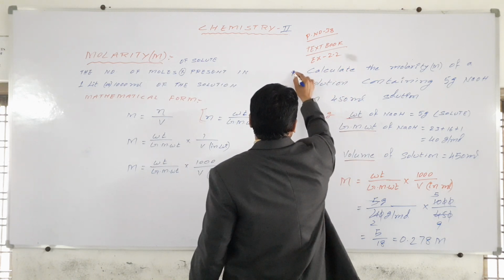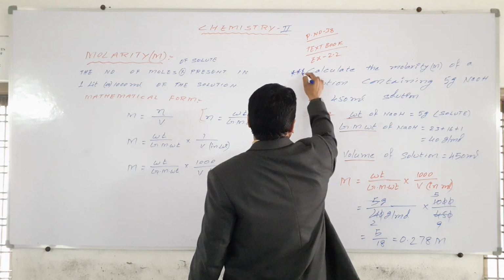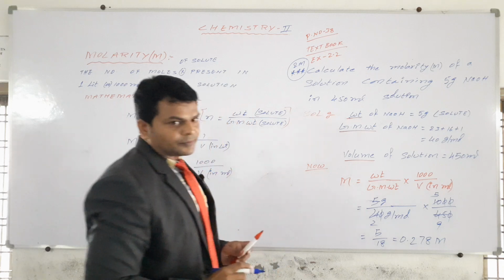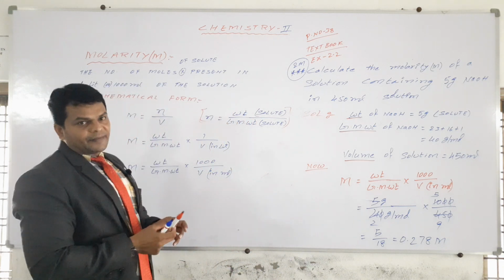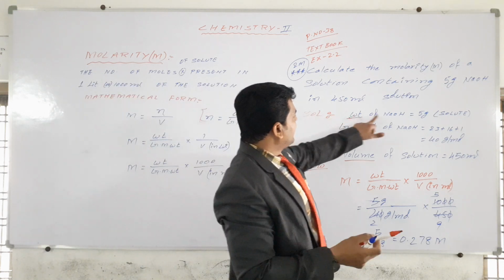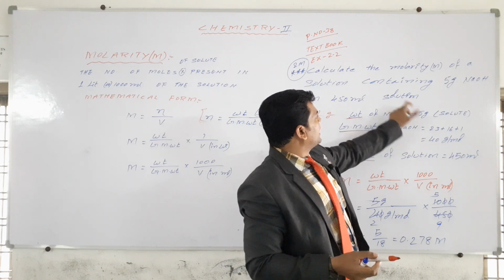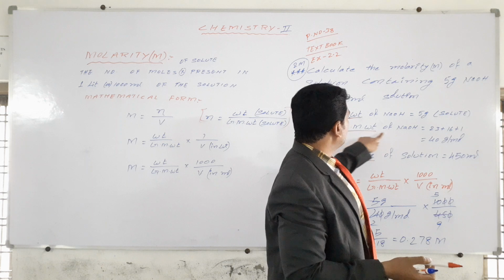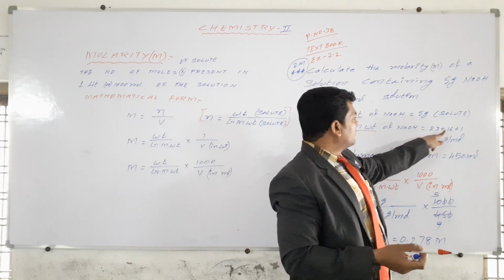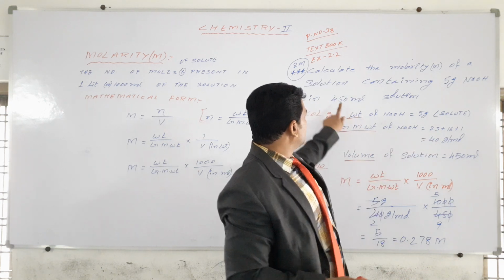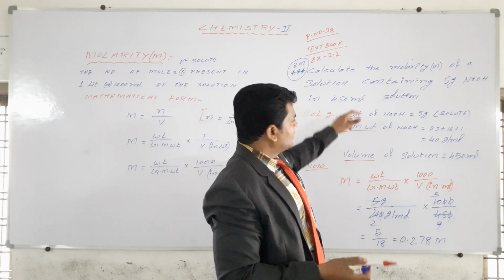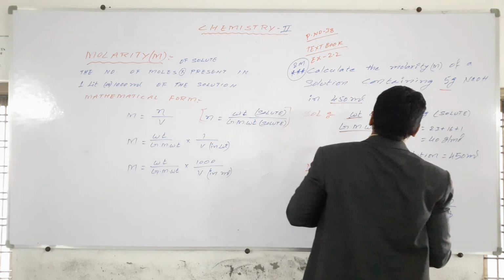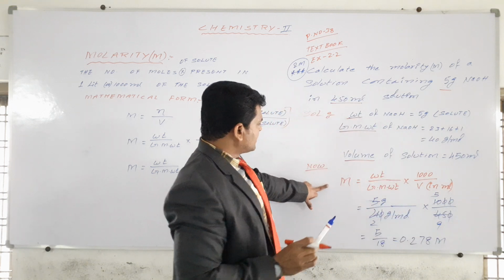This is an important problem for 2 marks. Okay. So for molarity, the weight of the solute is 5 grams, given. Next the molecular weight is calculated, 23 plus 16 like this. The volume of the solution is given. Next substituted.